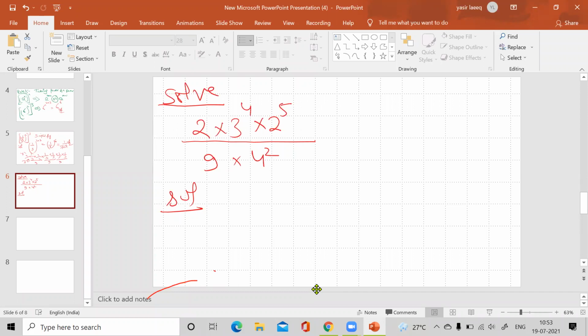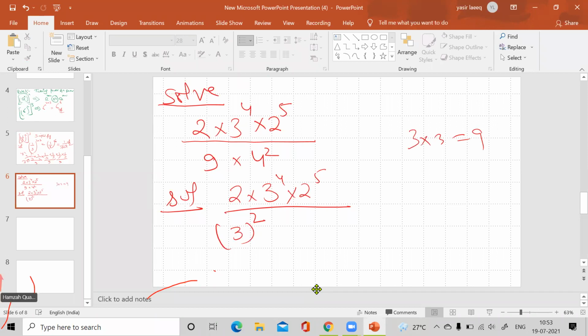So here you see 2 into 3 to the power 4 into 2 to the power 5, and here 9 and 4. You can write 9 as 3 to the power 2, because you know 3 into 3 is 9.